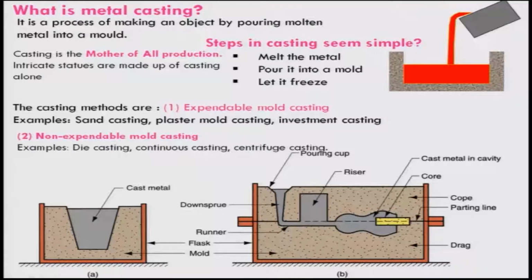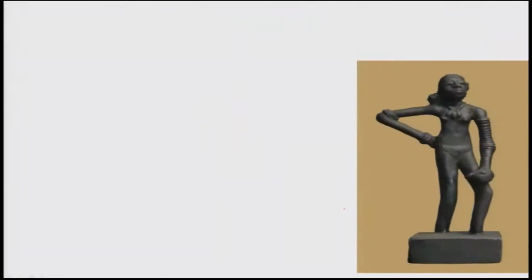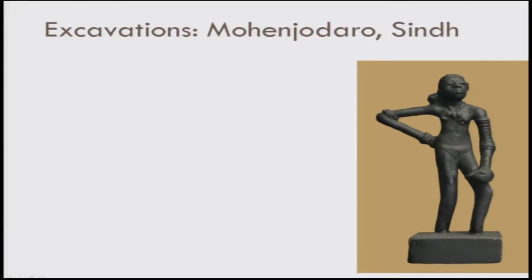So, let us look now at the ancient way of making statues, which I have shown here. We had seen this statue. This is a dancing girl, which was obtained during the excavation at Mohenjo-daro in Sindh.